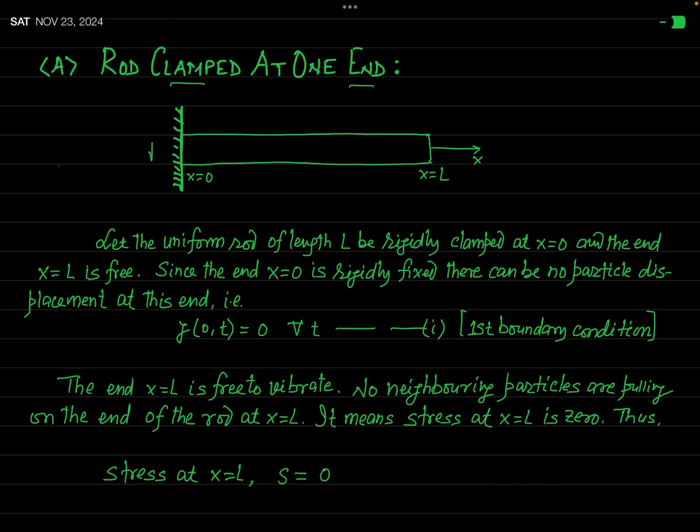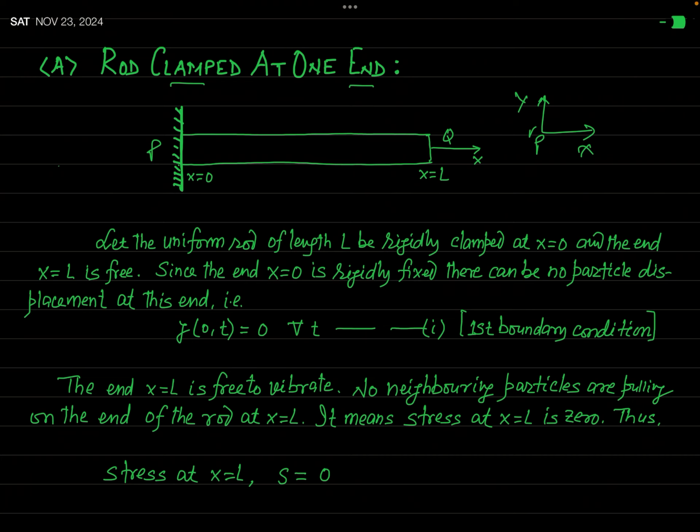Let us consider that this PQ is your metallic rod, lying along the x-axis. Its length is L, as you have already assumed earlier. We consider that the origin of our coordinate system is at the end P, and the rod is along the x-axis.